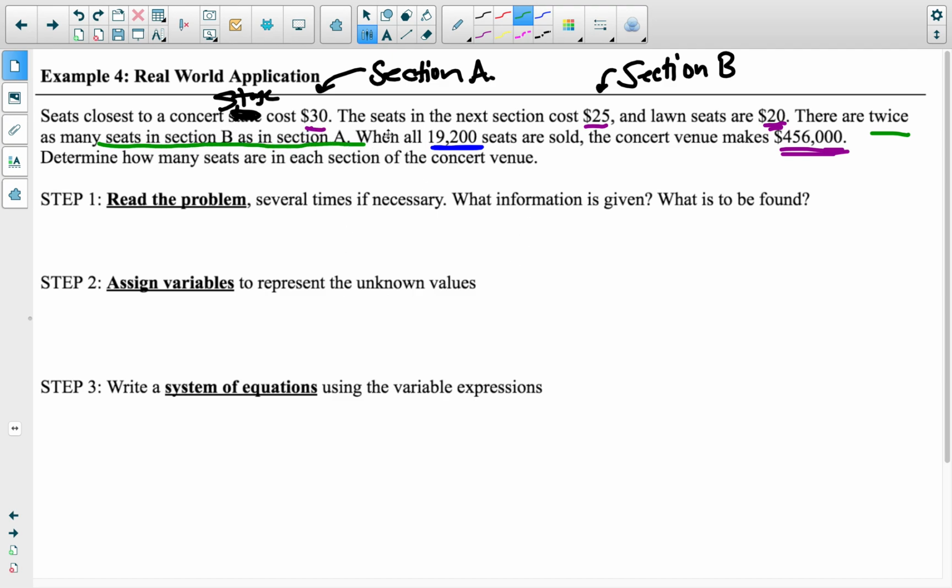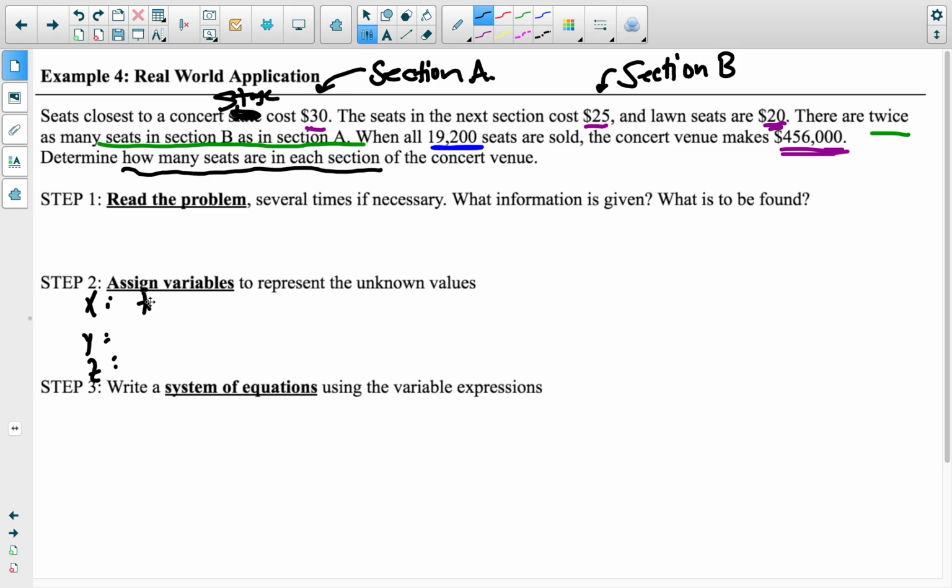All right. Step two, we want to assign some variables to represent the unknown values. If you're not sure what your variables are supposed to be, just go to the last part of the question and see what the task is, and then you can use that to help you. It says determine how many seats are in each section. So we should probably make our variables be seats in each section.